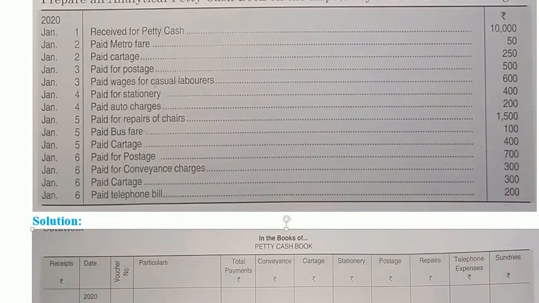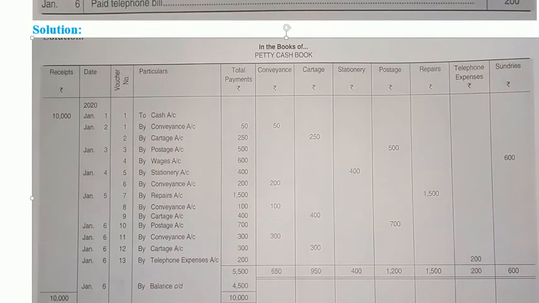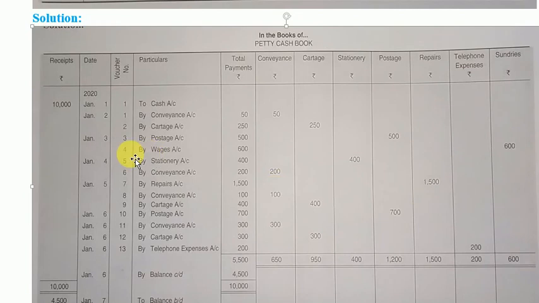And now proceed towards another transaction, that is January 3rd, paid wages for casual laborers worth rupees 600. So you can see in particulars we have recorded By wages 600 rupees.